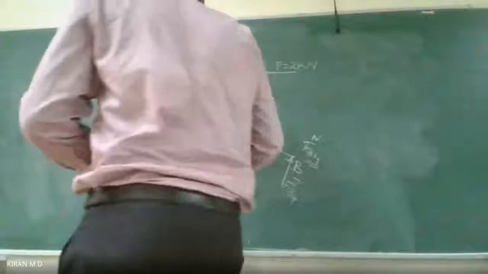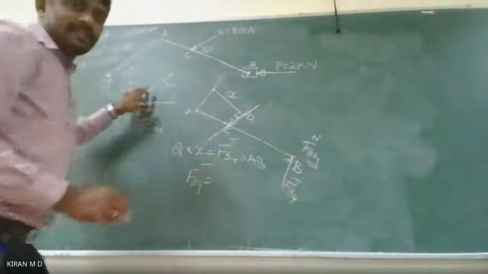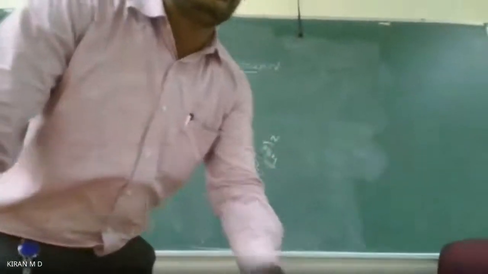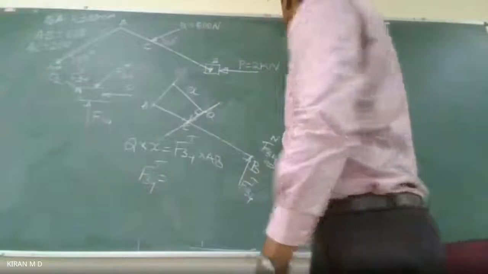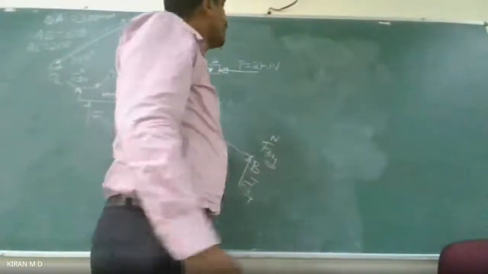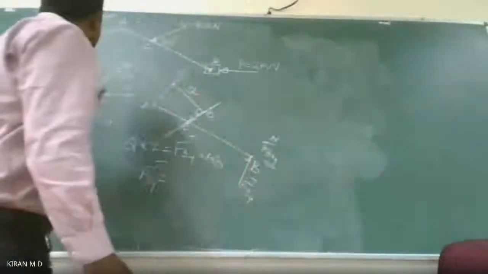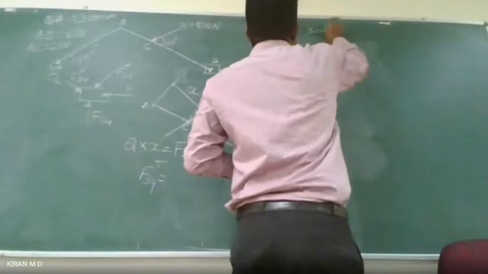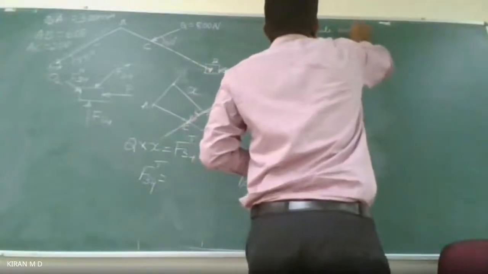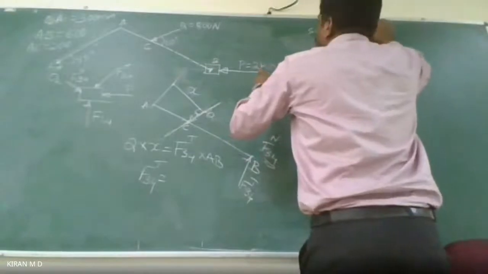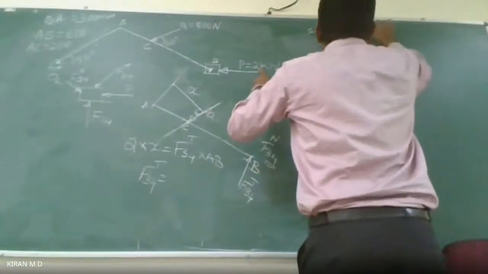Now, to find this one, we are going to draw this force diagram again. Use some scale. I will use a scale of 1 mm is equal to 50 Newton.